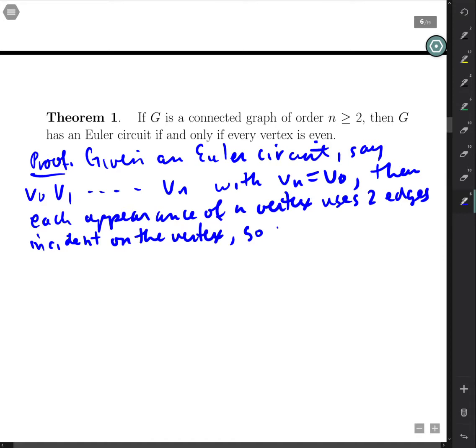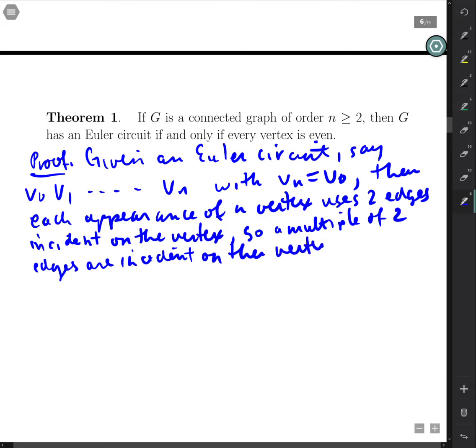So a total of a multiple of two edges are incident on the vertex according to the number of visits to that vertex, the number of visits times 2.